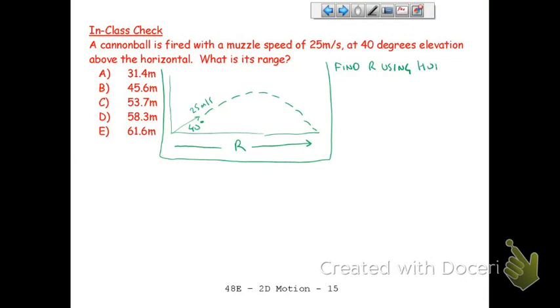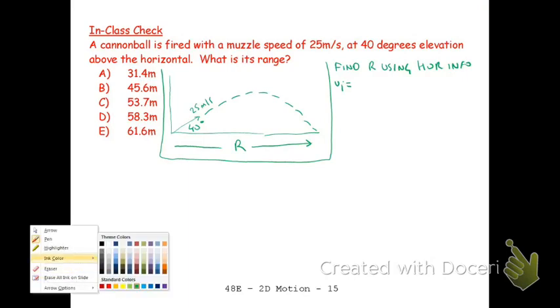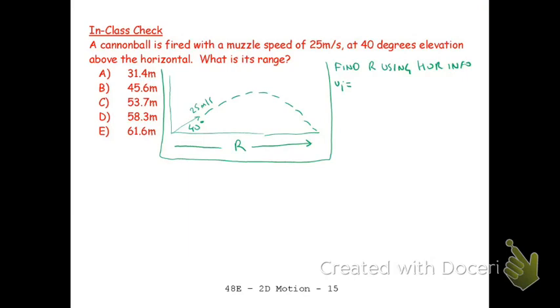Horizontal information. VI is equal to 25 cosine 40. 25 cosine 40. How?